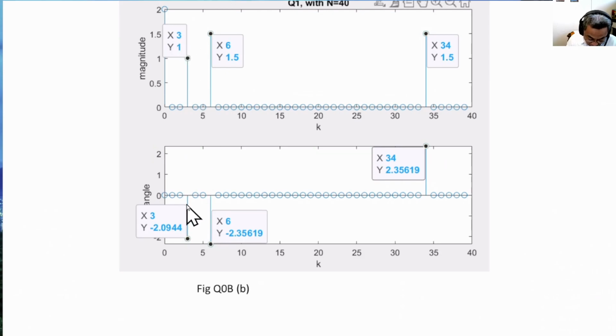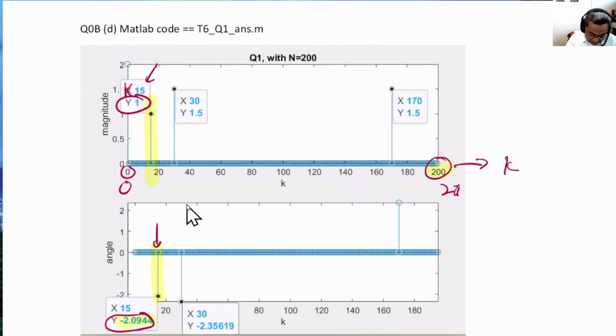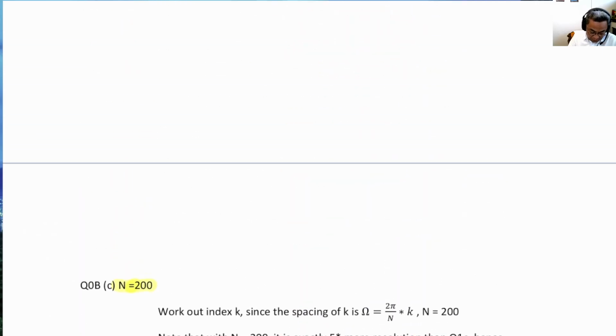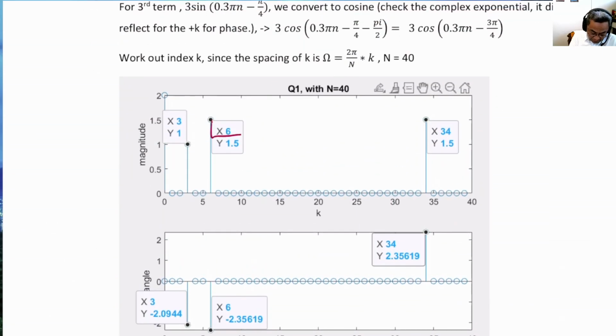Now C3 has become C15 because we have now divided the 2 pi into 200 parts. That's the answer. The rest is the same. They are all moved by 5 times the index. So now it is 30, whereas previously the index was 6. Okay, thank you.